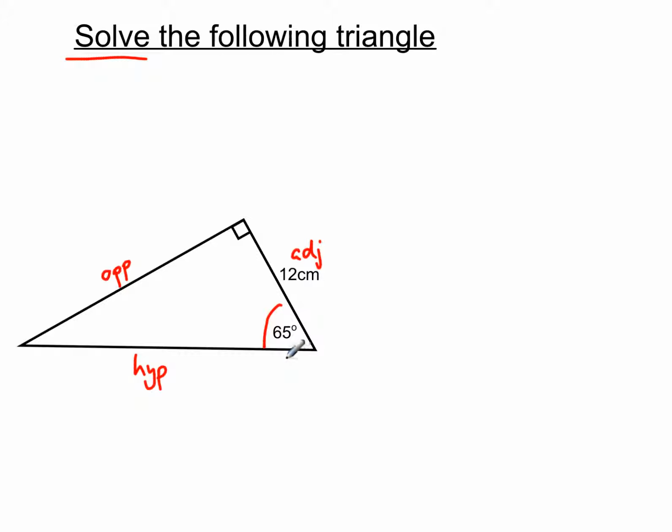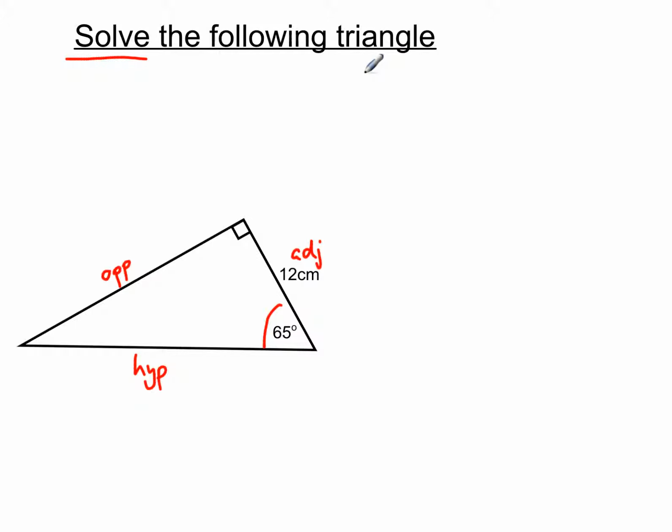So we have some choices here, because here's theta, we're given adjacent. 2 out of those 3 trigonometric ratios use an adjacent side. So we could solve for either the opposite or the hypotenuse first. It doesn't matter, but I'm going to solve for the hypotenuse first. So that means I need adjacent and hypotenuse.